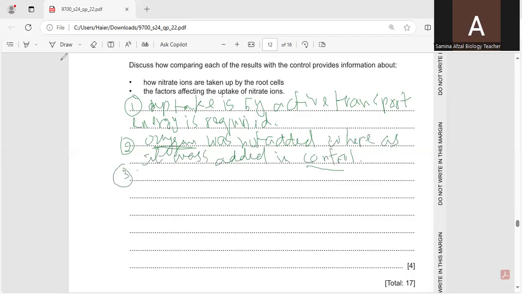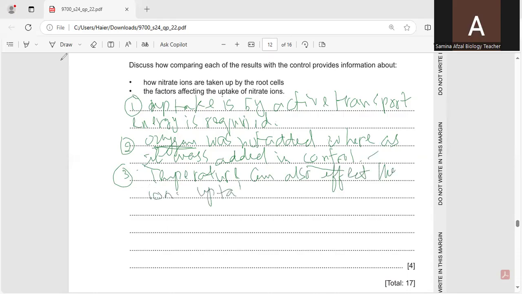Okay, now another point which can be written: when we compare all these different results, temperature can also affect the ion uptake.